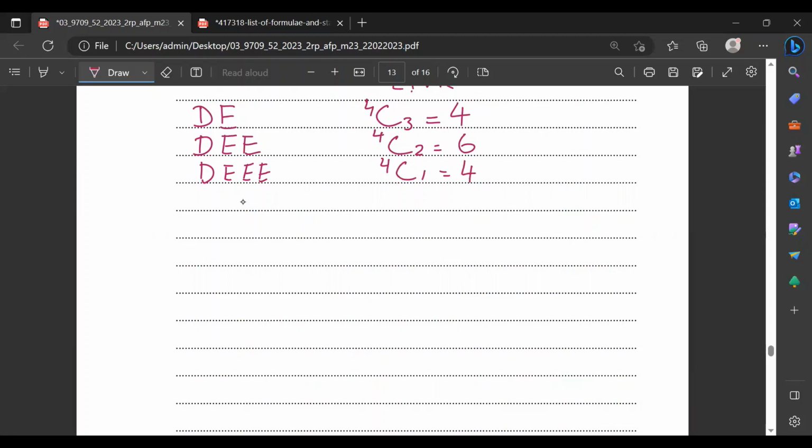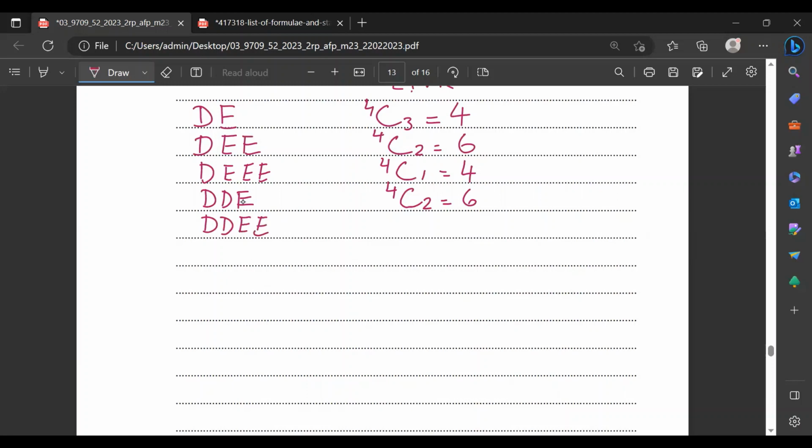After that, you can start with 2 D's. D and D with E: 3 we have selected, we need 2 more, so 6 is the answer for 4C2. Again, it can be 2 D's and 2 E's.